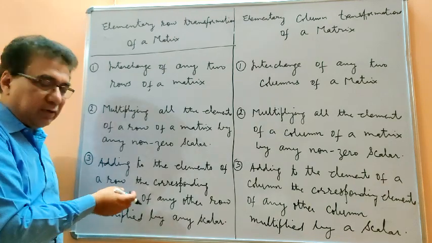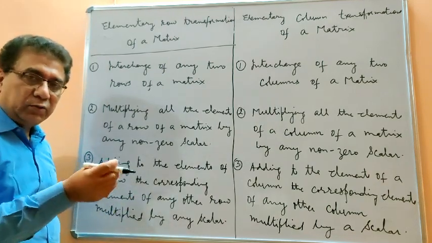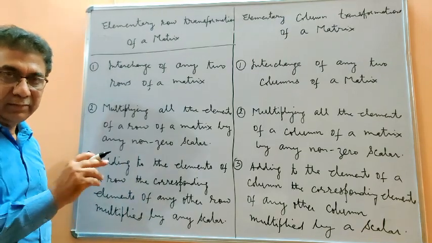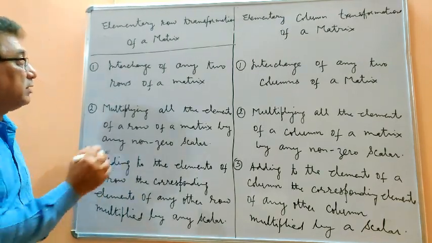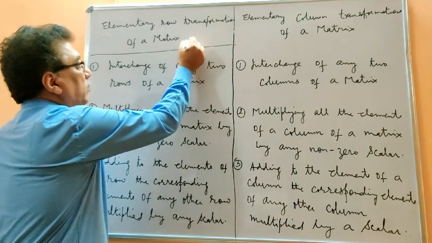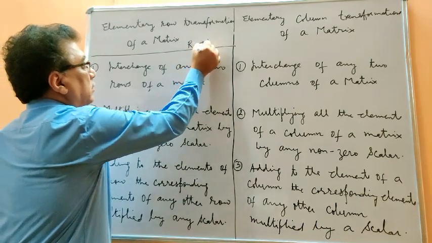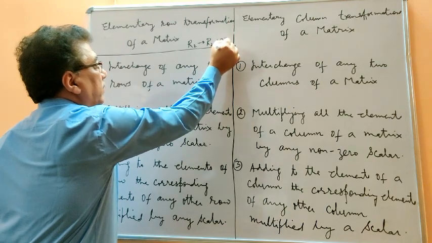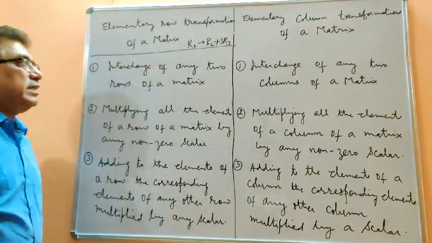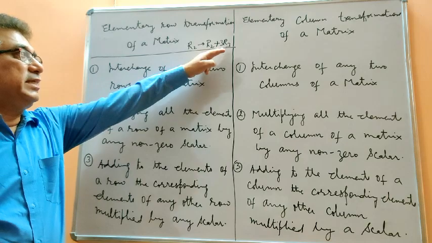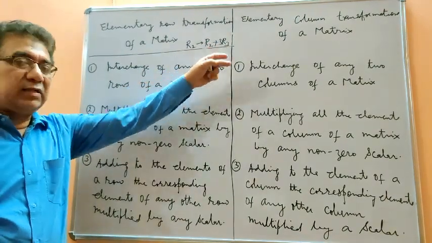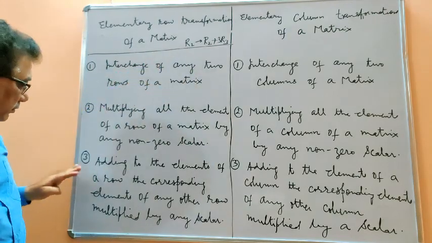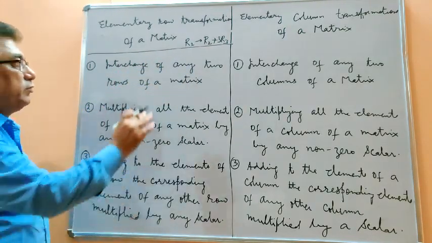This type of operation will be like R2 arrow R2 plus 3 R3, which means to each element of R2 we are adding 3 times the corresponding elements of R3. So this category comes here as part number 3.